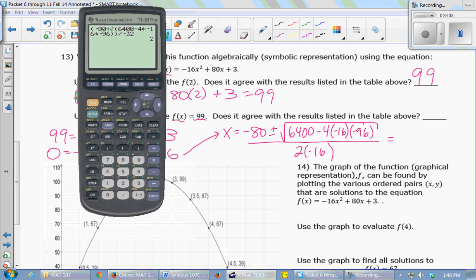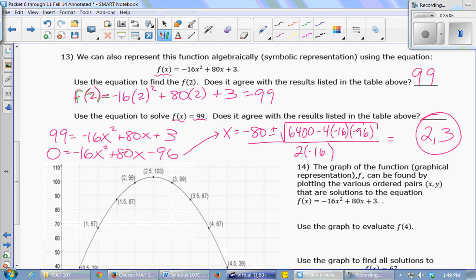So x equals 2 is one of my answers. And then I have to do all of that work again, but this time I'm going to do negative 80 minus the square root, because this is plus or minus, so you have to do 2 calculations. So this time I do minus, and I get 3. So I get 2 and 3 seconds as the times where my height is 99.